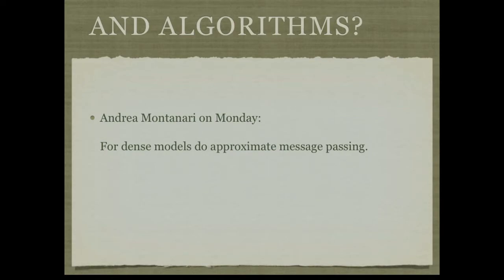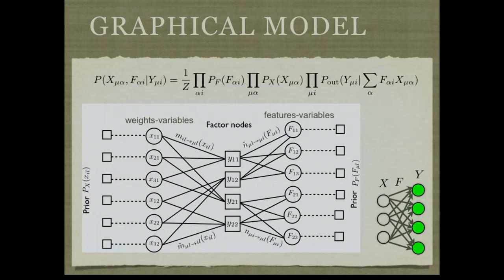Now, when we ask about algorithms, this is a problem where every variable talks to every variable. Andrea taught us on Monday that in cases like that, the good thing to do is approximate message passing. So that's what we will do. Let's take the problem that we had, but now represent it as a factor graph. We take this posterior distribution and write the corresponding factor graph.